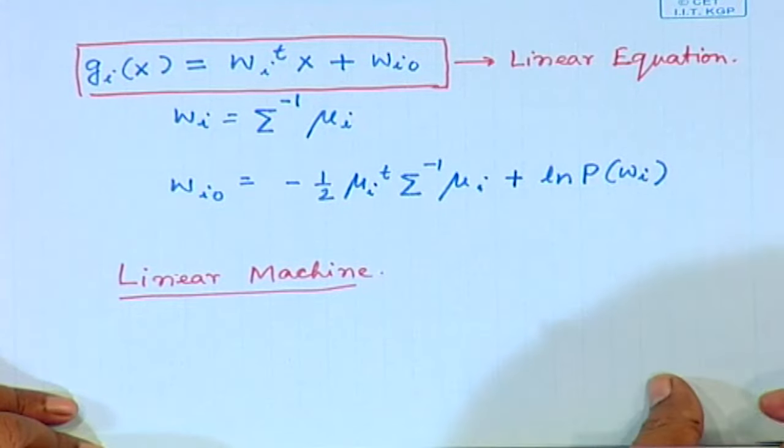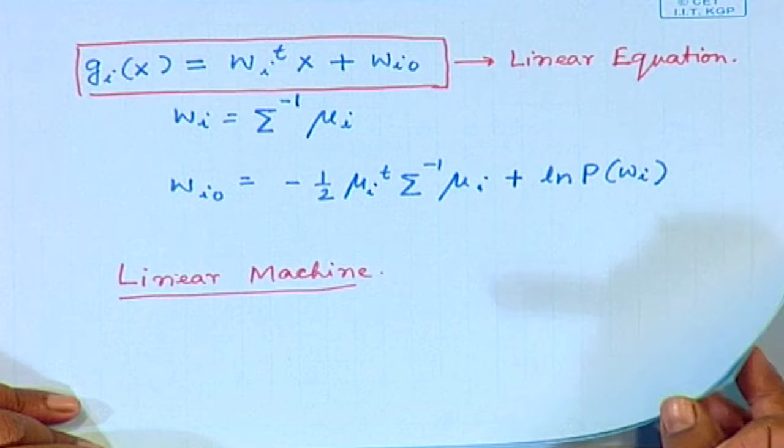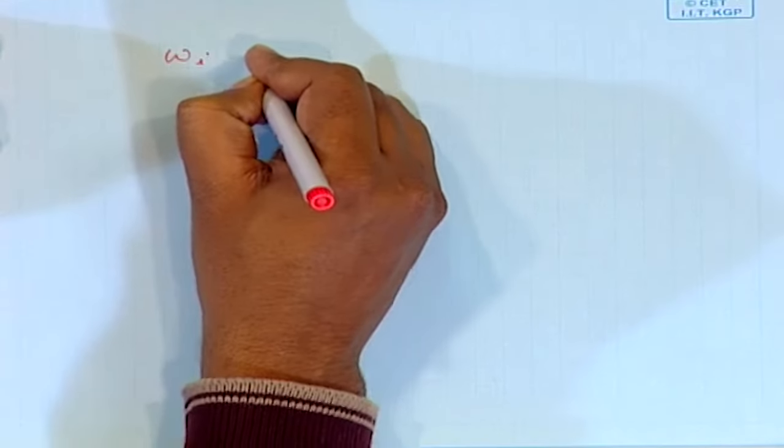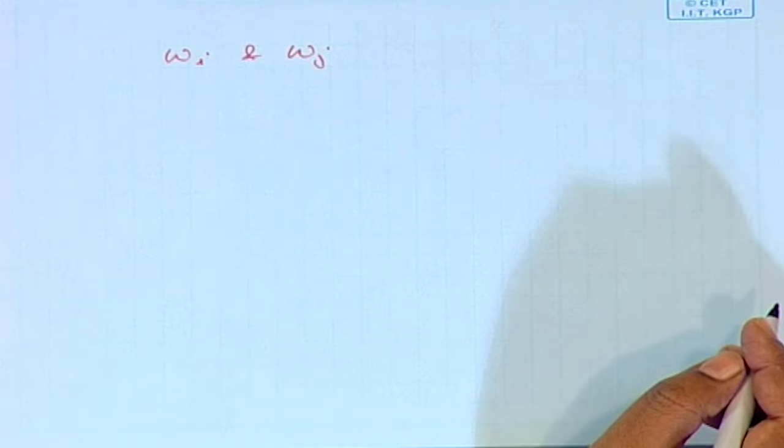Now, using these linear discriminant functions, we want to find out the structure of the decision surface between two classes omega_i and omega_j. So, again we will follow the same procedure: g_i(x) minus g_j(x) equal to 0 is the equation of the decision surface separating the two classes omega_i and omega_j.